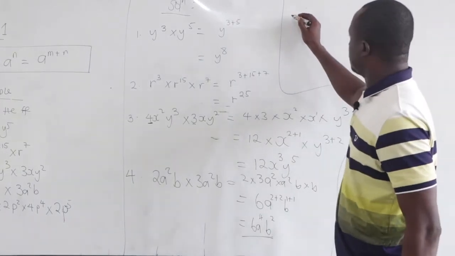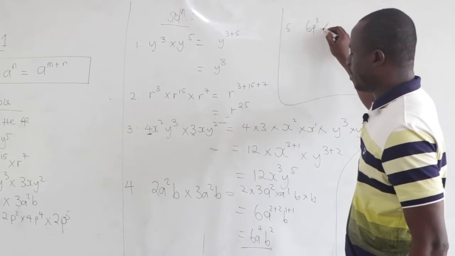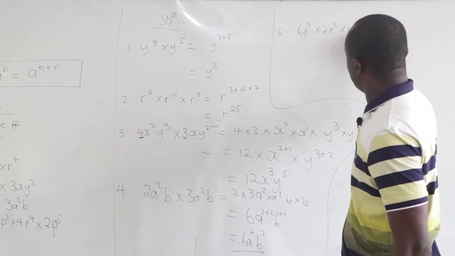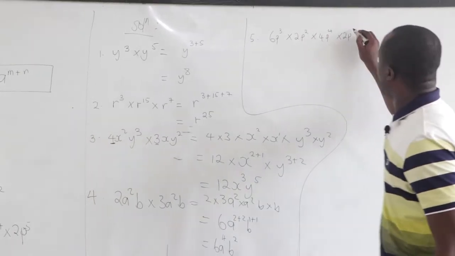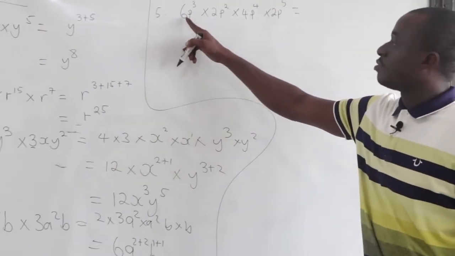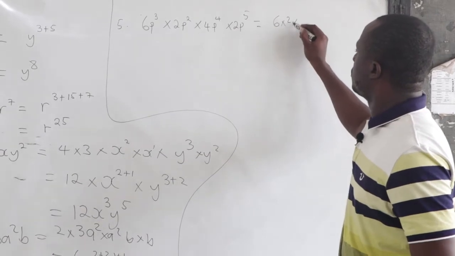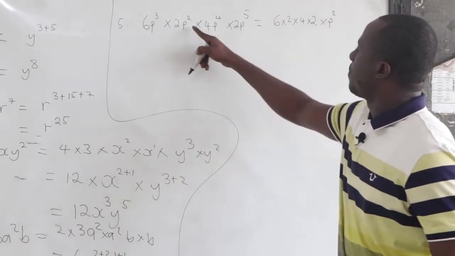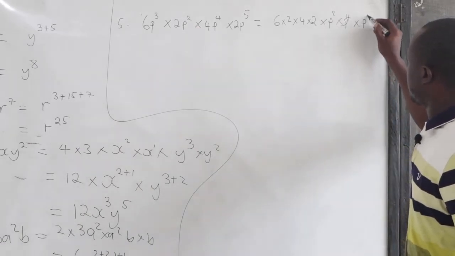Now let's see the fifth one. We have 6p to the power 3 times 2p squared times 4p to the power 4 times 2p to the power 5. Let's see the numerals first: 6, 2, 4, 2. That's 6 times 2 times 4 times 2. We have p cubed times p squared times p to the power 4 times p to the power 5.